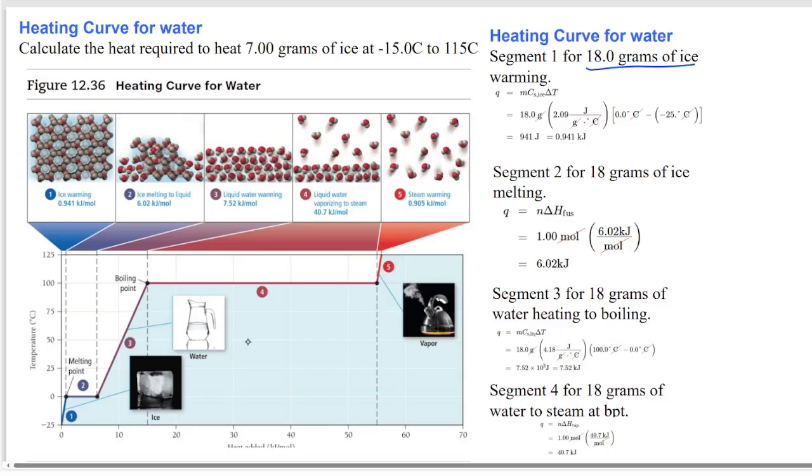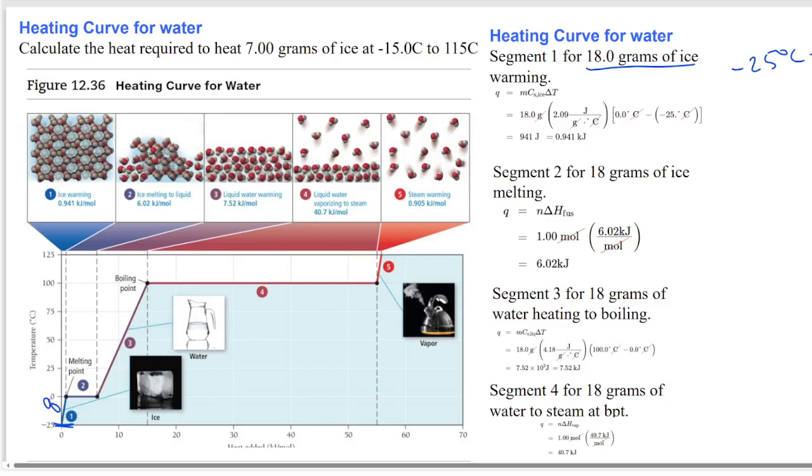Notice that we have these 5 regions that we're covering. We're going to heat 18 grams of ice from negative 25 degrees C to 125 degrees C in this example.